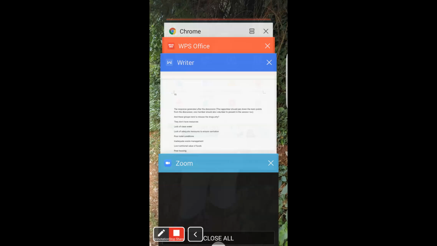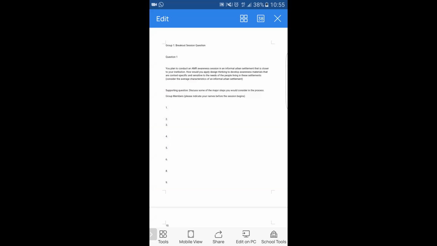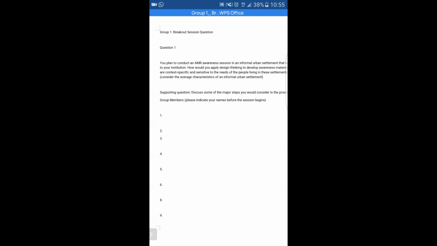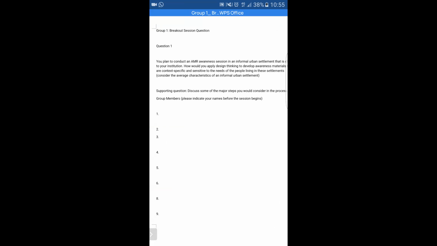Our question was: you plan to conduct an AMR awareness session in an informal urban settlement that is closer to your institution. How would you apply design thinking to develop awareness materials that are context specific and sensitive to the needs of the people living in these settlements?